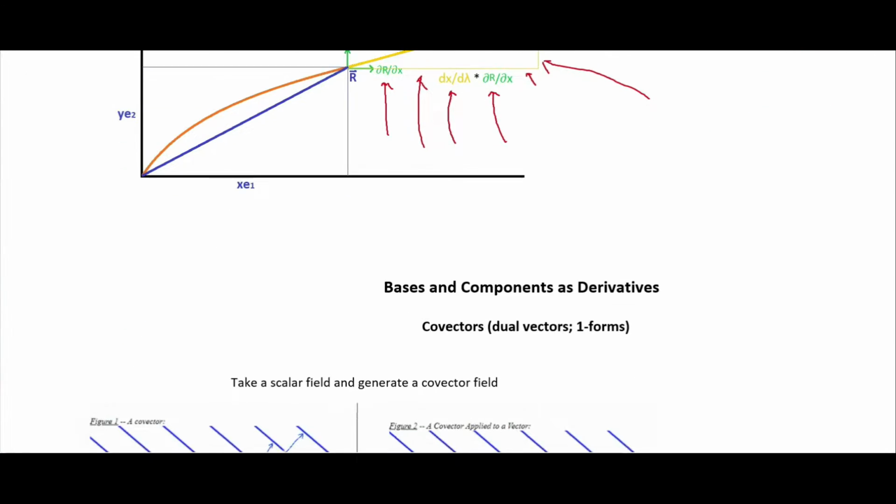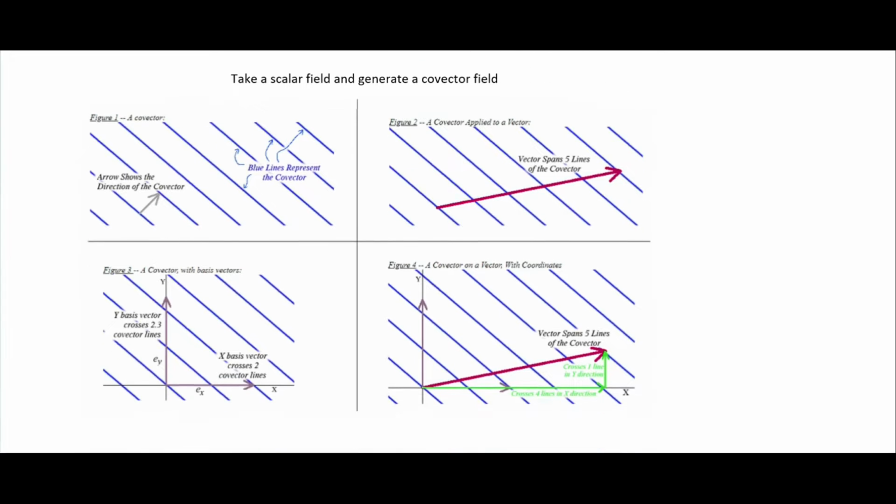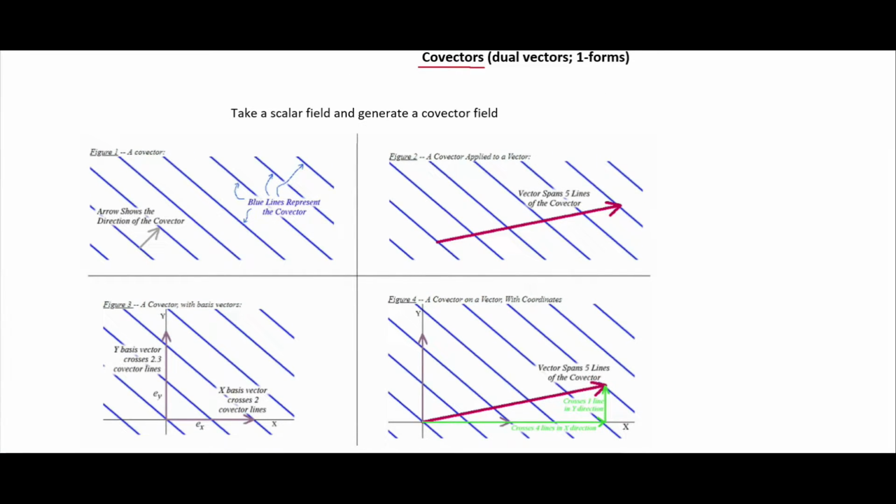So the next part is thinking about bases and components as derivatives for covectors. And covectors, so vectors are something that I think most people, at least once you're trying to teach yourself tensors, you've probably encountered vectors before, but this idea of a covector is a little bit strange, or it's a little bit different than what you're used to with vectors.